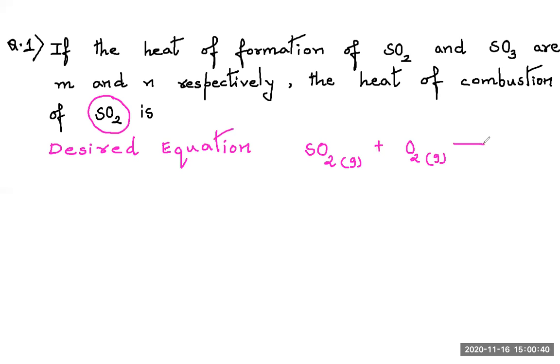We all know sulfur dioxide on combustion will give sulfur trioxide. Here I am using 1 atom of oxygen, or half molecule of O2. This is my desired equation. Now what I have to check over here is, I have been provided with the heat of formation of SO2 and the heat of formation of SO3.